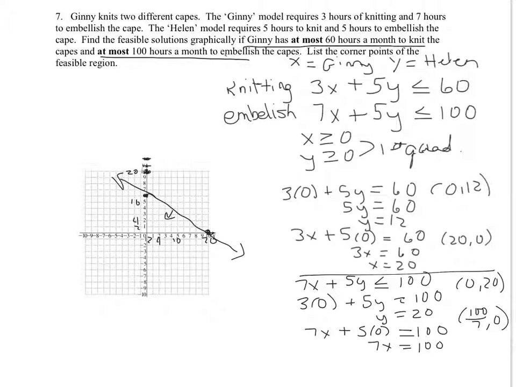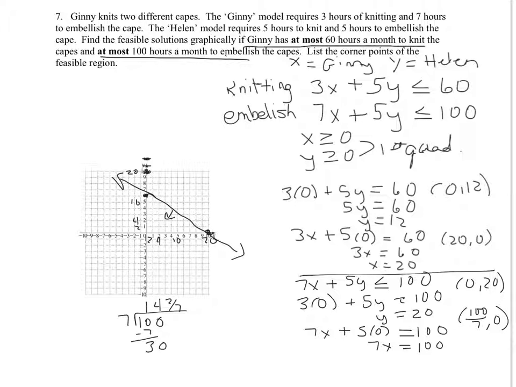Now I need to estimate where 100 over 7 would be. So if I try to divide 7 into 100, okay, I'll go ahead and put this pen to paper so you can see. 7 goes into 10 one time. 10 minus 7 is 3. 7 would go into 34 times, and then we would have a remainder of 2, so 14 and 2 sevenths.